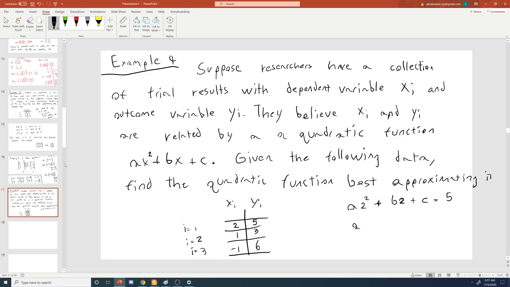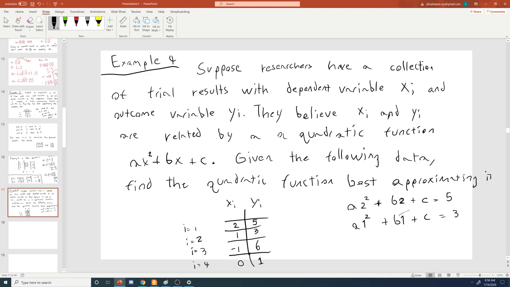And then a times 1 squared plus b times, actually, hold on. I'm going to add an extra trial result here, so I'm going to add i equals 4. And this is going to be 0, 1. And so then b times 1 plus c is equal to 3.